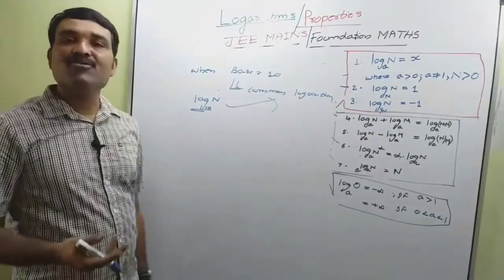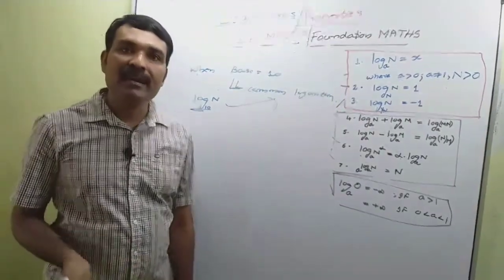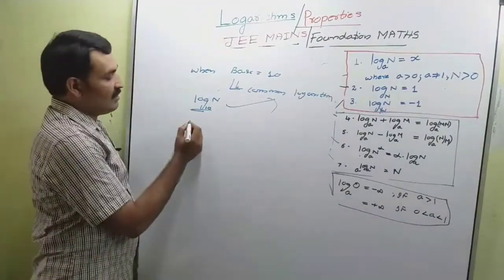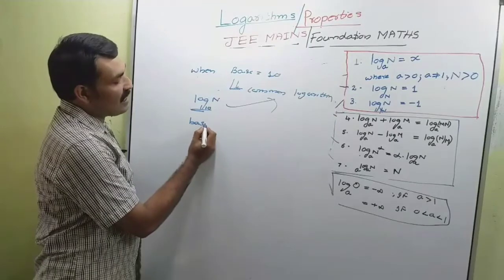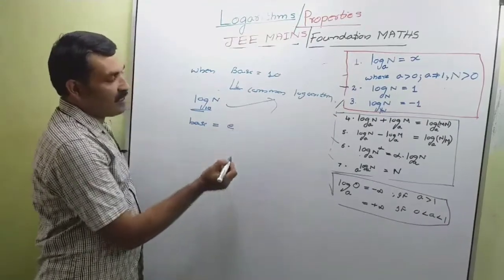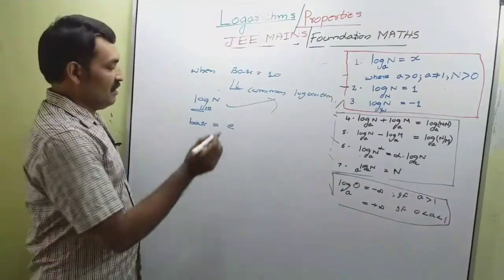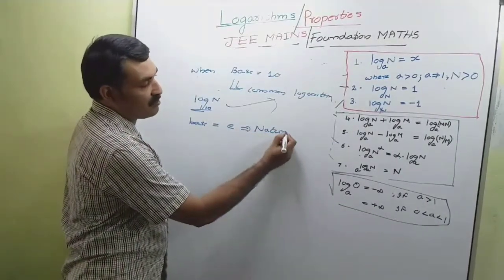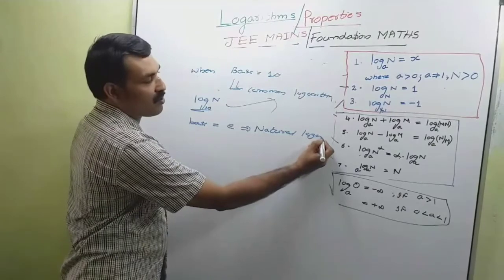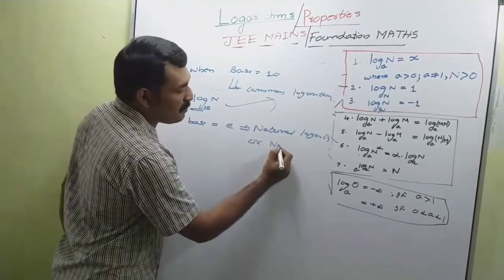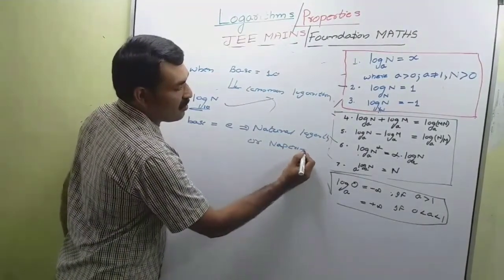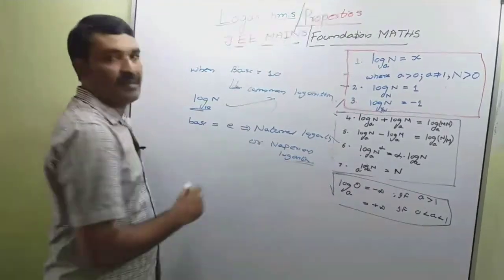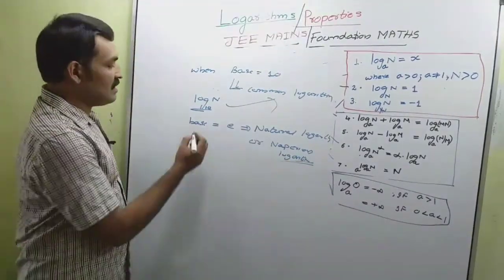Then next is natural logarithm or Neperian logarithm, that is when the base is equal to e, where e is 2.73.